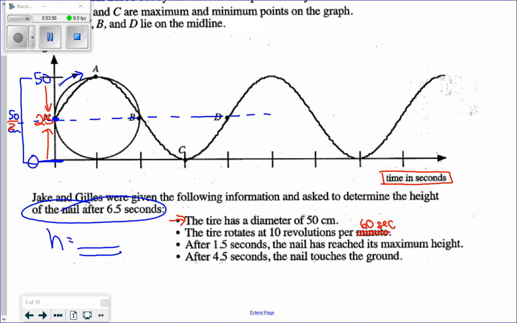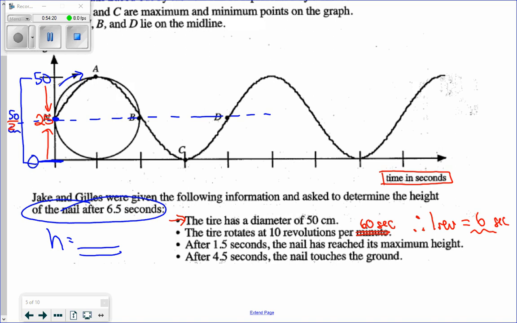So then how long would it take to go once around? If it goes 10 times in 60, it would go one time in 6. You just divide everything by 10.